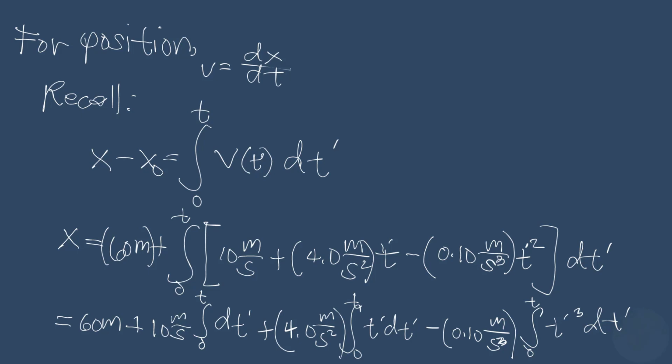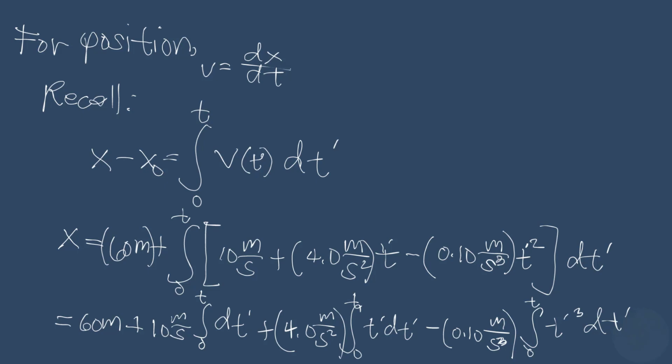Since we obtained already the expression of the velocity earlier, we just substitute it here, which gives us 60 meters plus the integral of the expression 10 meters per second plus 4 meters per second squared times t prime minus 0.10 meters per second cubed times t prime squared dt prime.